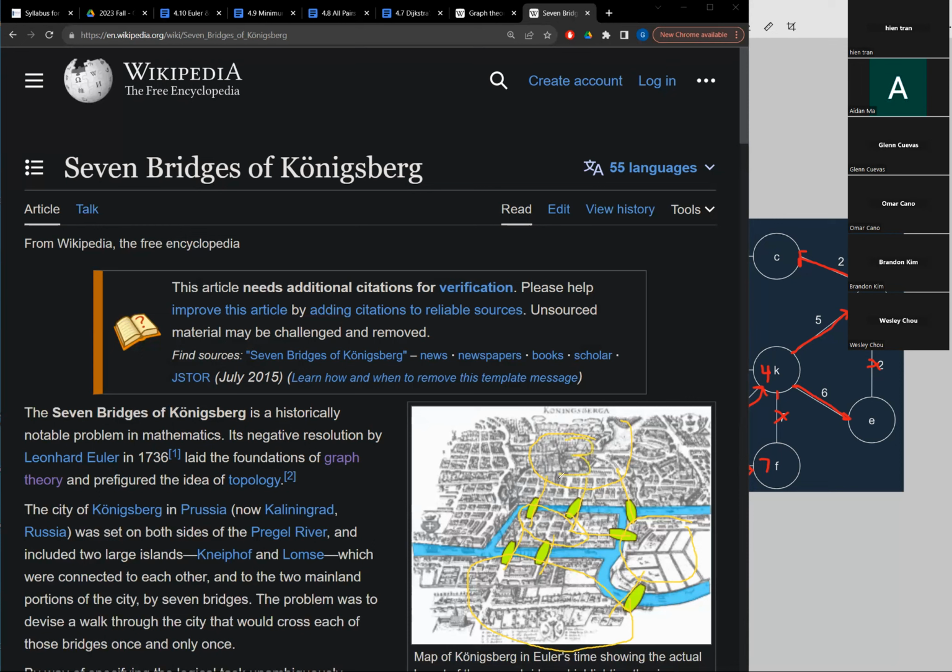With degree 3 here, I need to change my color back to not yellow. That's not quite working. Right, degree 3, degree 3, degree 3, degree 5. All right, so Euler came up with a pattern to show that no, there is not a solution to this problem.